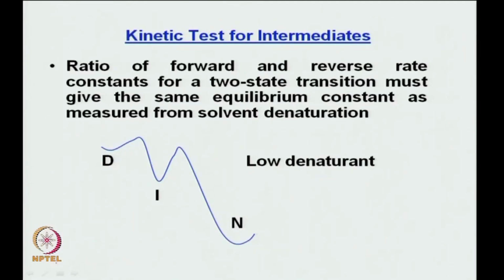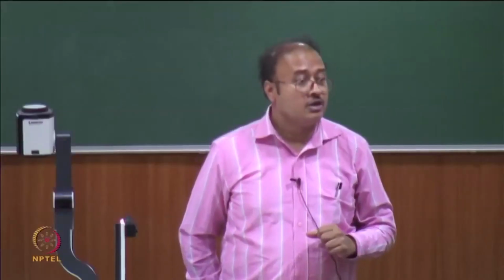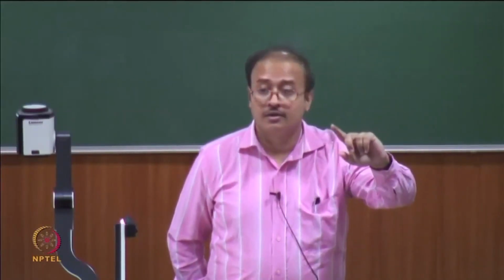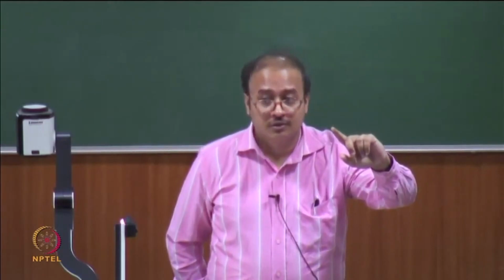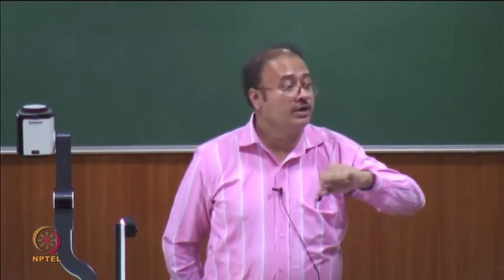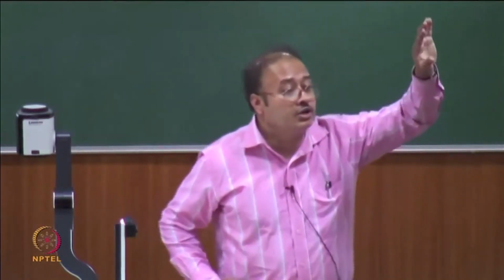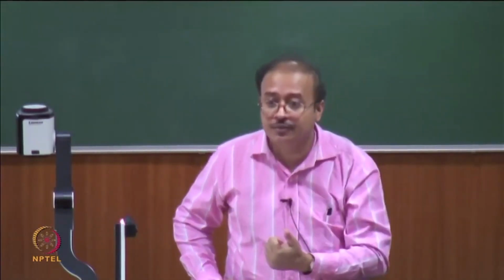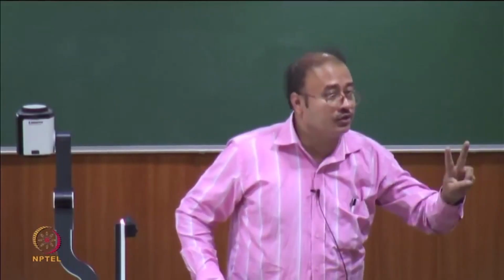So, the first thing is, remember what K observed is equal to: Ku plus Kf. What is K equilibrium? If you are going from U to F, what is K equilibrium? Kf by Ku, right. Now, when you are looking at this kinetics, you are getting K observed, which is Ku plus Kf. You have one equation, but you have two unknowns.